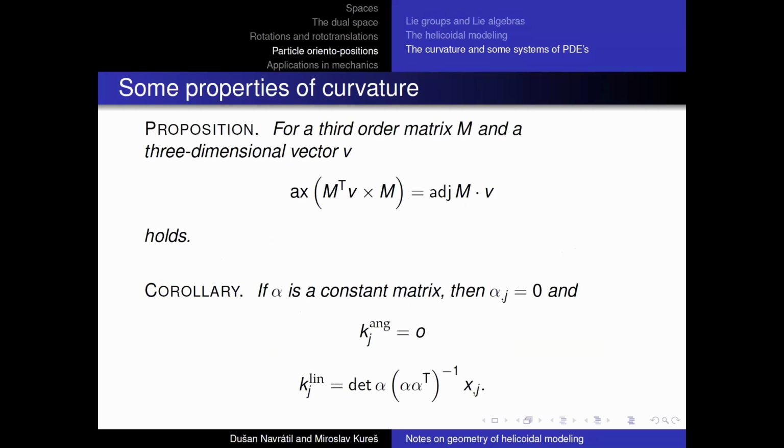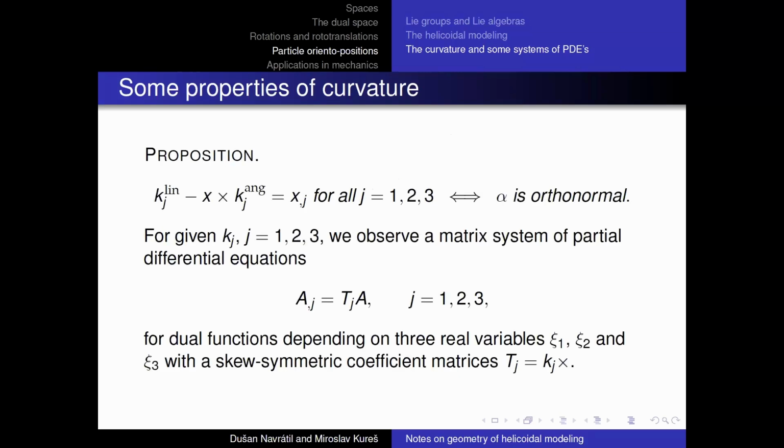There is one property which can help with simplifying those equations. For example, if you have a particle with constant orientation in the material, the angular part will always be 0 and the linear part will have this interesting form.